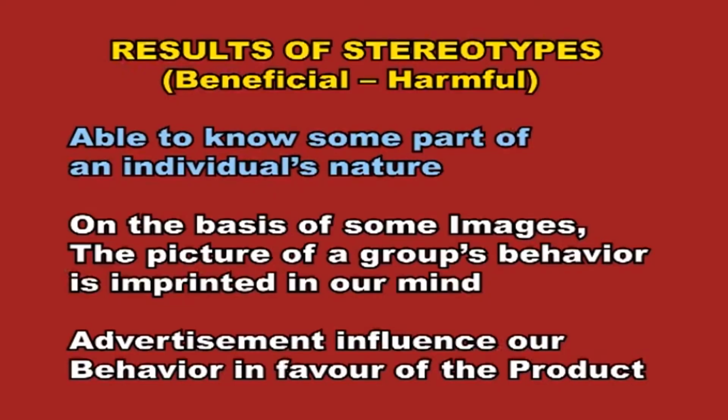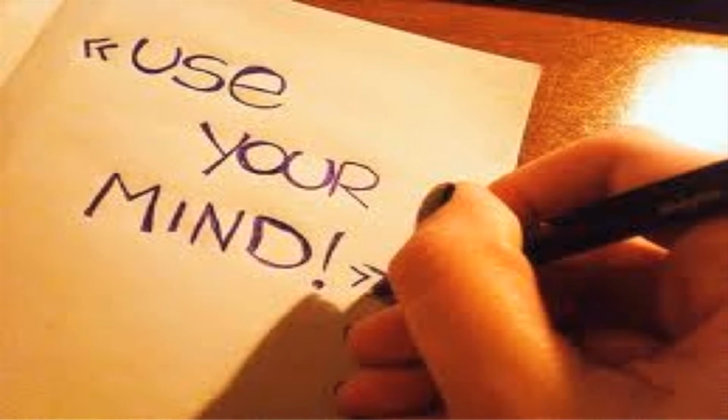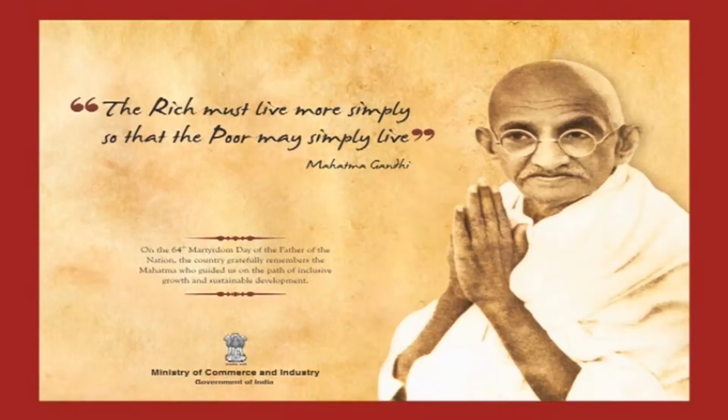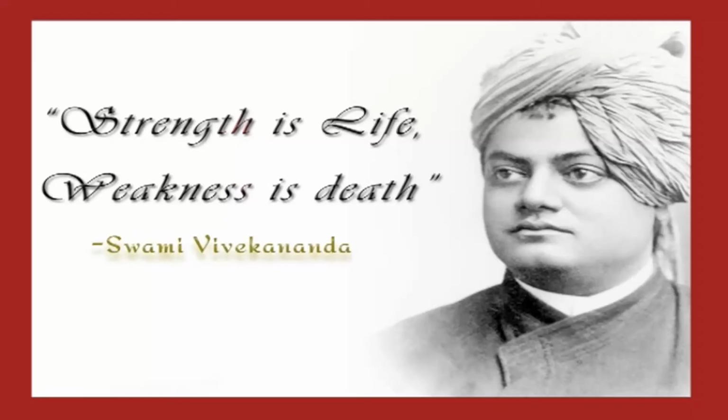Now, let us see the results of stereotypes. We may be able to know some part of an individual's nature from his stereotypes. With the help of stereotypes, our behavior is sometimes guided or directed. After the formation of stereotypes, their images settle down in mind.